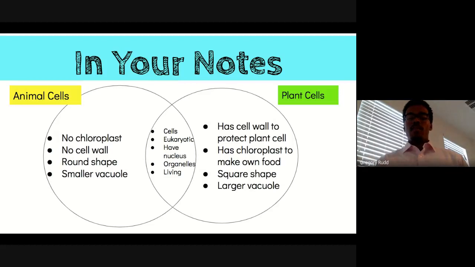And then on the plant cell side, we basically have the opposite of everything that we just saw in the animal cell. But I'll just point out that, again, the chloroplasts, which are absent in animal cells, are required for photosynthesis. And they have a larger vacuole. Can someone just come off mute and tell me why, briefly, plant cells require that larger vacuole?